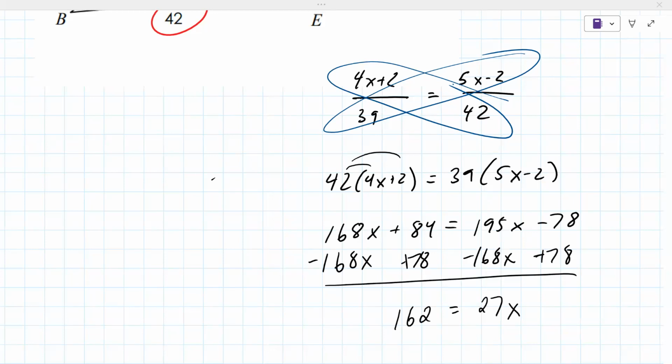Does work. Okay. Are you sure? Yeah, this works out here. Did you divide by 27 on both sides? One second.